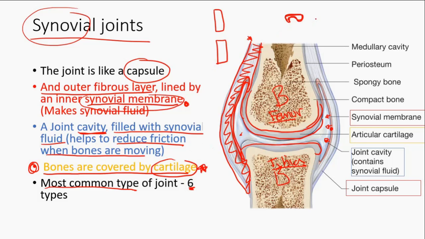The second thing that you need is the synovial capsule, and then the third part is your cavity, of course. So let's put the caps onto the bones. Those are your cartilaginous coverings of your bone, and then here we're going to draw the capsule.